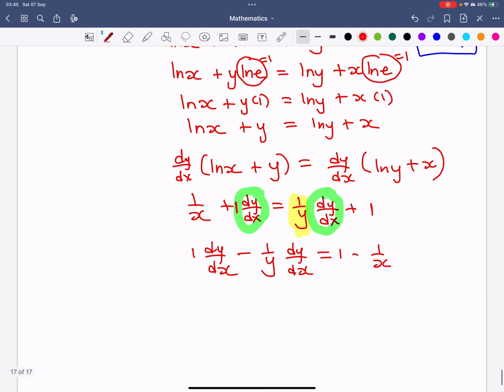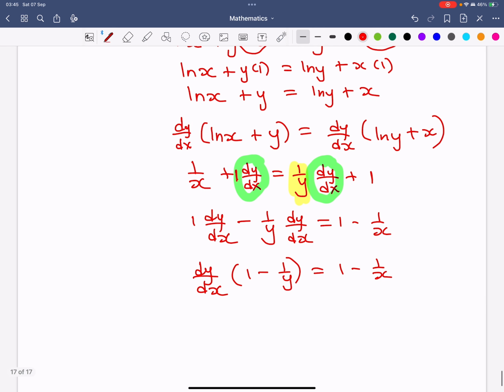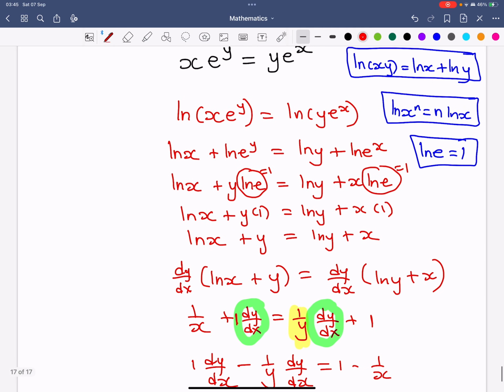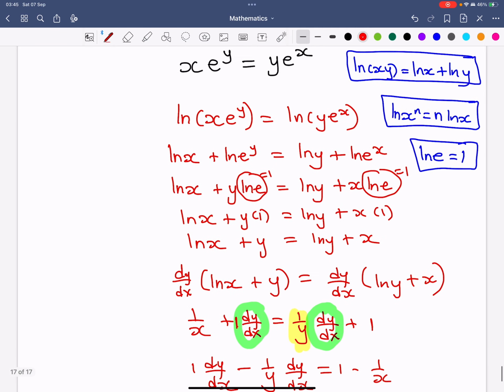So I just took this 1 over x to the other side, and then the next step here is to say, okay, dy over dx as a common factor, it's 1 minus 1 over y equals 1 minus 1 over x. Then we just need to make dy over dx the subject of the formula. In this case, dy over dx becomes 1 minus 1 over x all over 1 minus 1 over y.